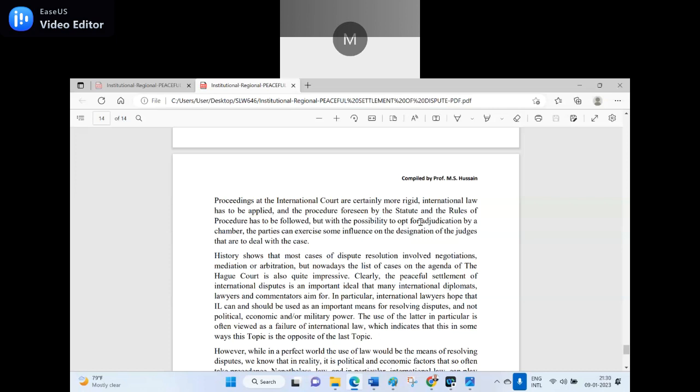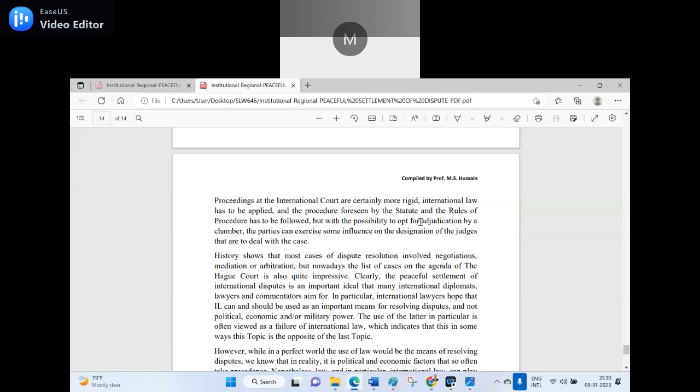Do you follow all the procedure in the summary trials? I don't think you will, because they want to see that the matter is resolved. So not necessarily will they follow all the norms of the procedure.